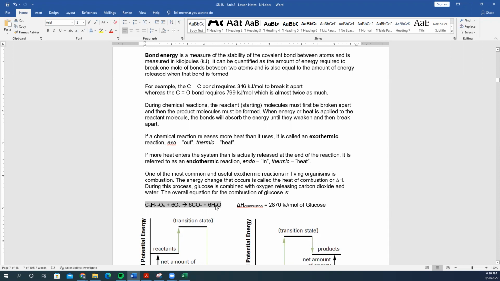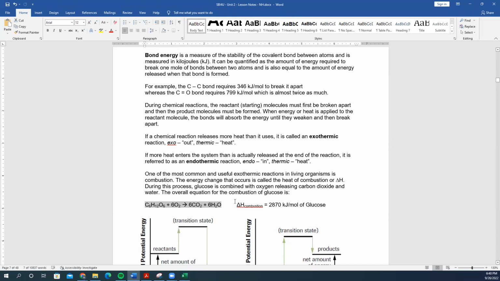And that defines a complete combustion reaction, where you are burning whatever substance it is with oxygen, and the end result is nothing but carbon dioxide and water.